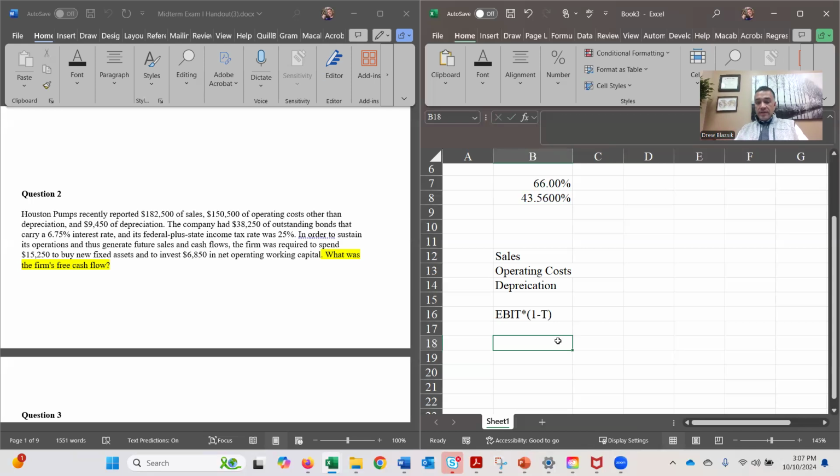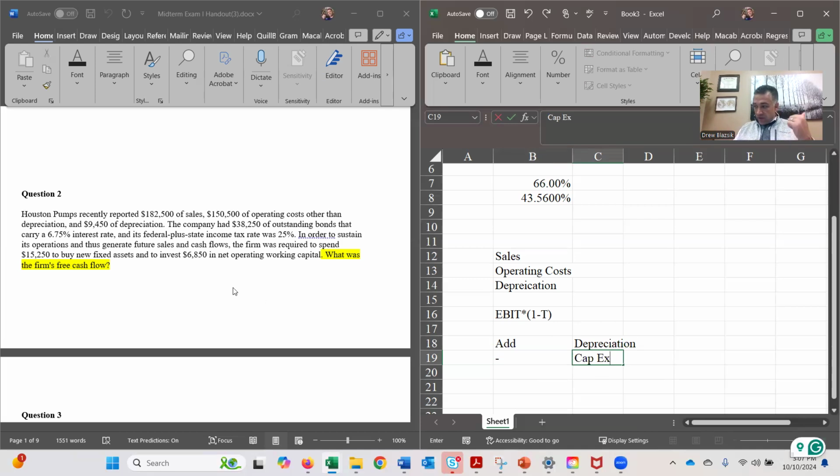So I'm going to add back in whatever that value is, and I'm going to add back in depreciation, because it was never a cost. That's for tax purposes. Then I'm going to subtract out the capital expenditure.